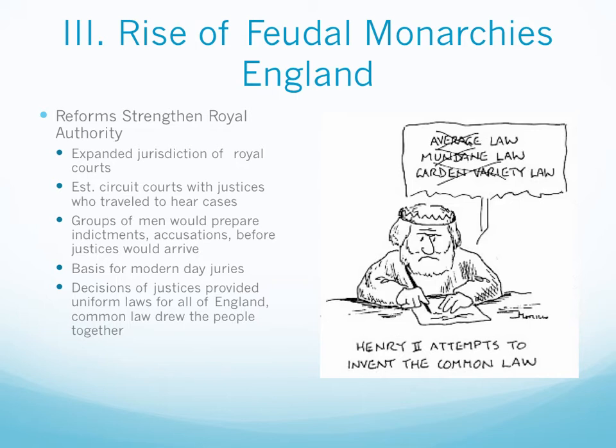And because the justices are going around and creating a standard for the law, this helps develop the common law that all the English people are going to obey, and draws them together. And it is, again, a part of that English heritage that we have in our own law here in America.